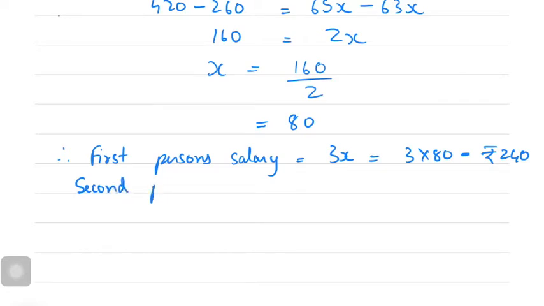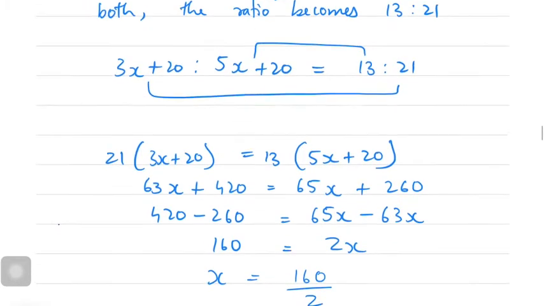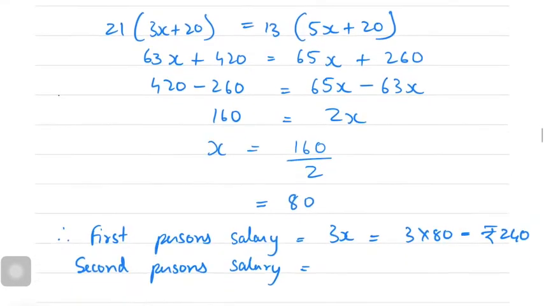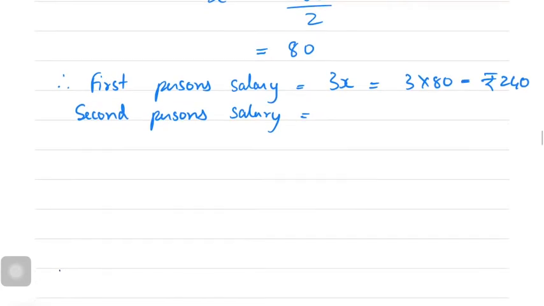And second person salary, which is 5x, right? So 5 into 80, rupees 400. So the salary of two people is 240 and 400.